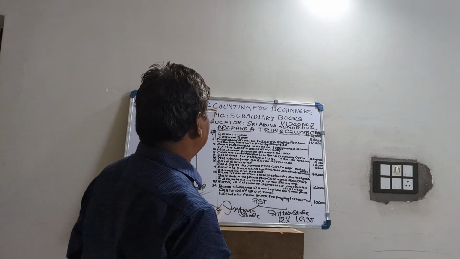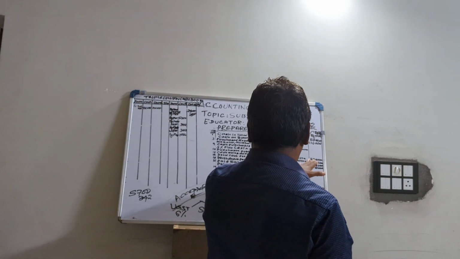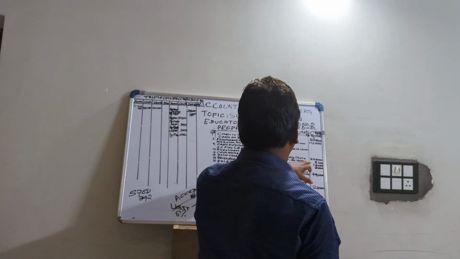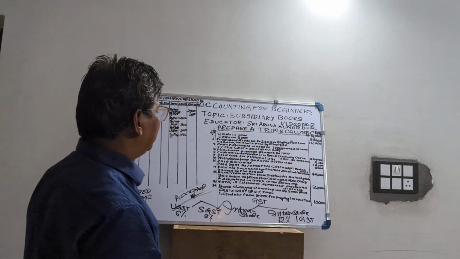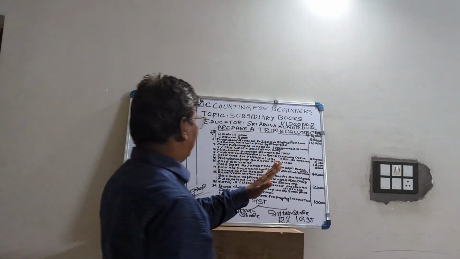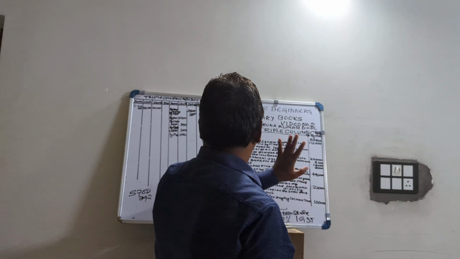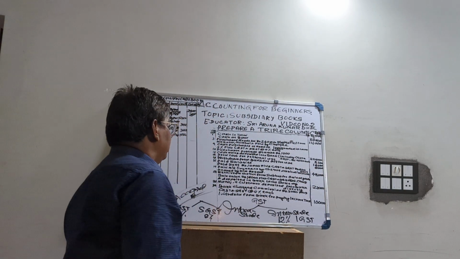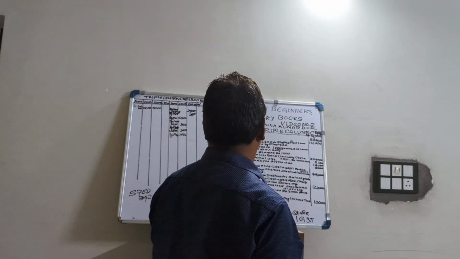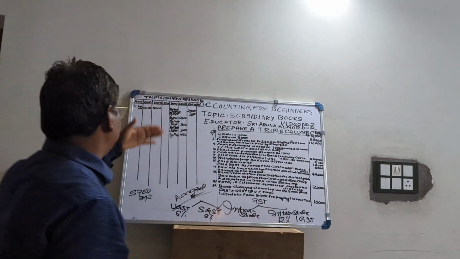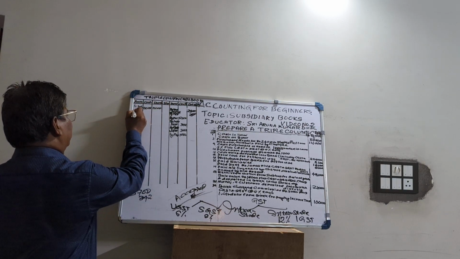Then cash sales, deposited in bank. We are selling the goods for cash, 2,24,000 including CGST and SGST, 12,000 each. Means 12,000 plus 12,000 is 24,000. So cash receiving 2 lakh and we are showing output CGST, output SGST 12,000 each. Again that cash is deposited in the bank, so directly we will write in the bank column.